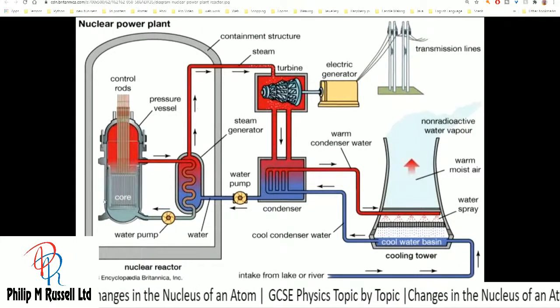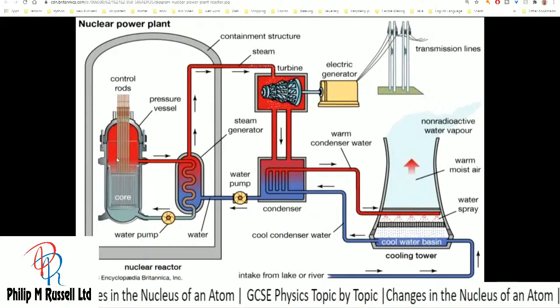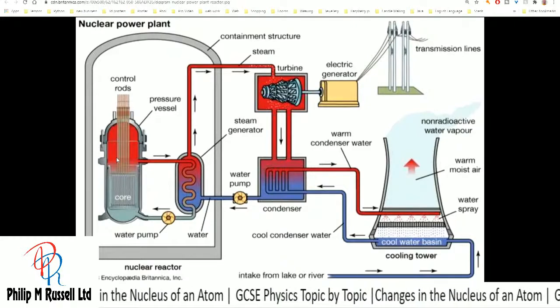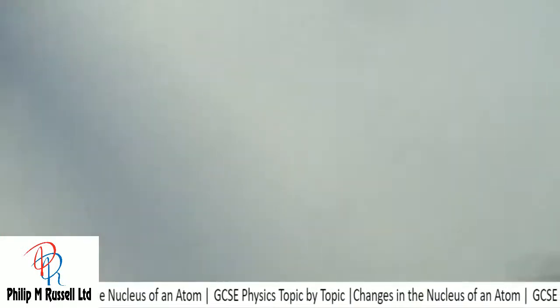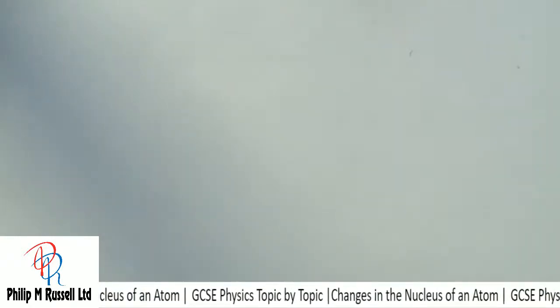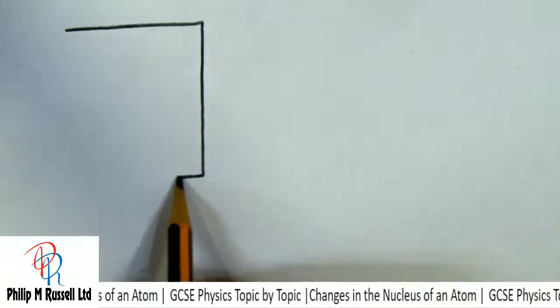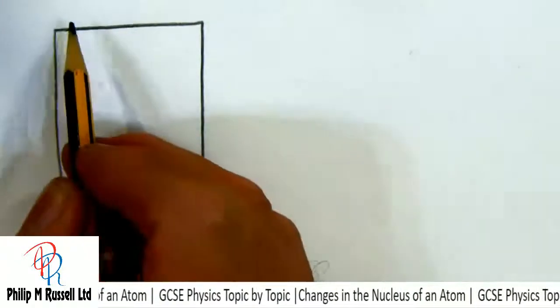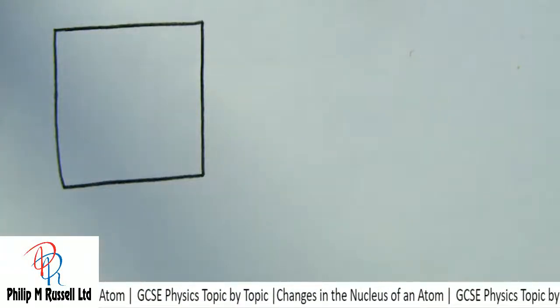Let's have a look at it. Here is our reactor. Now I'm going to improve on their picture. I use the word improve very loosely, and what I've got here is my nuclear reactor, and into this nuclear reactor we're going to put some fuel rods.